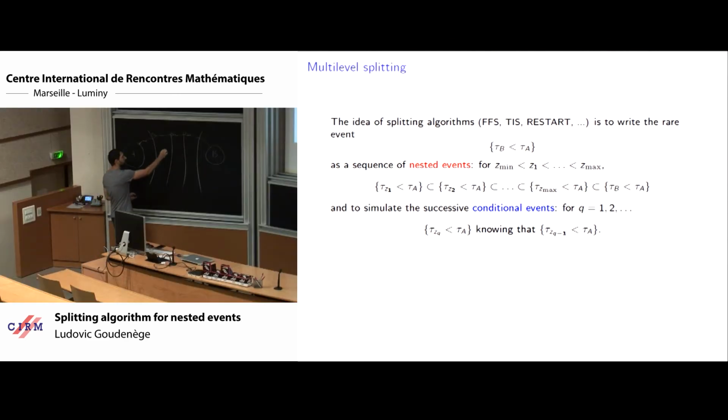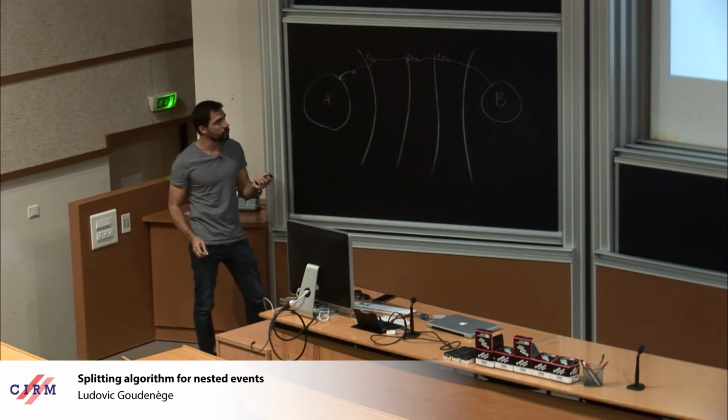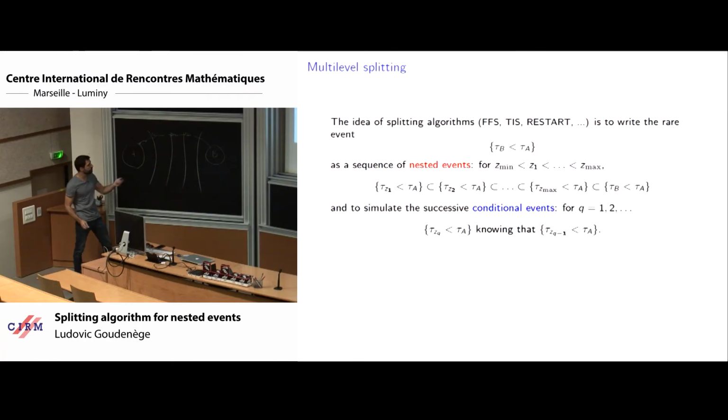You know that the particle has reached this level, and you want to compute the probability to reach the next level before coming back to A. Of course, all the trajectories want to go back to A, because A is an attractive point. But if this level is very close to this level, you have a lot of chance that the solution will reach it.